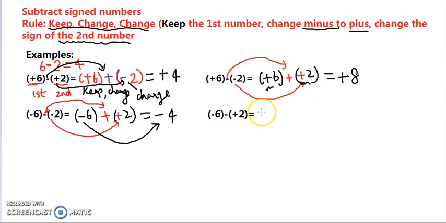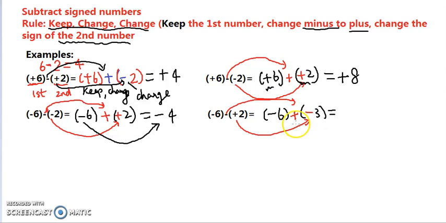Now the last example, we first use keep, change. So this minus will become a plus, and next another change, minus will become plus. And so we get negative 6 plus negative 3.